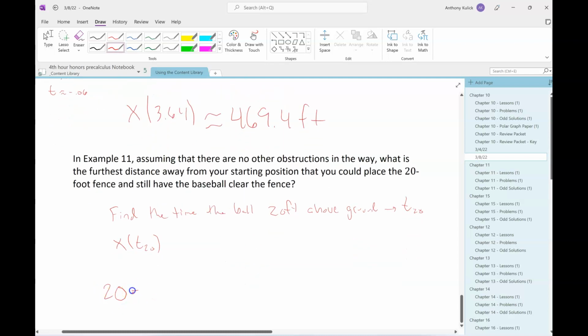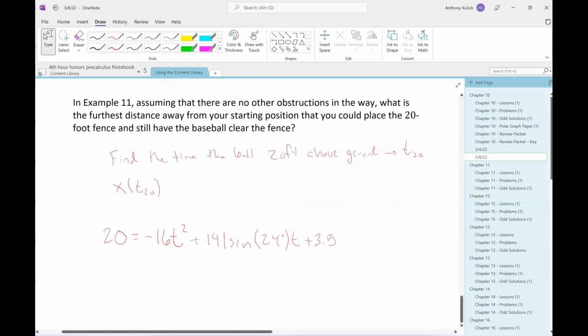So we have 20 equals my equation for y. How do I solve this? Yeah, I got to make sure it's equal to 0 first. So we subtract 20 from both sides. Very good. Remember to use the quadratic formula.